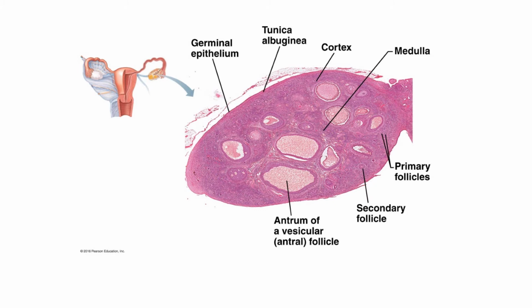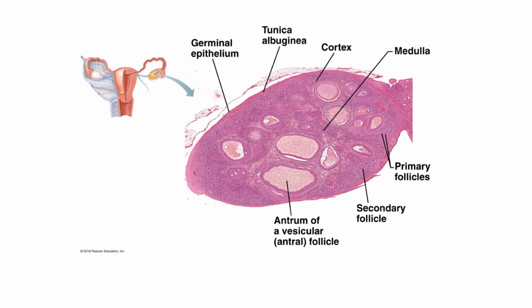And then each month, after a female hits puberty, the female is going to be releasing and ejecting an oocyte from its ovary. And we refer to that as the ovulation process.